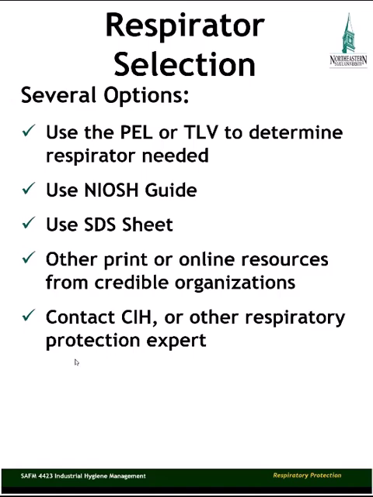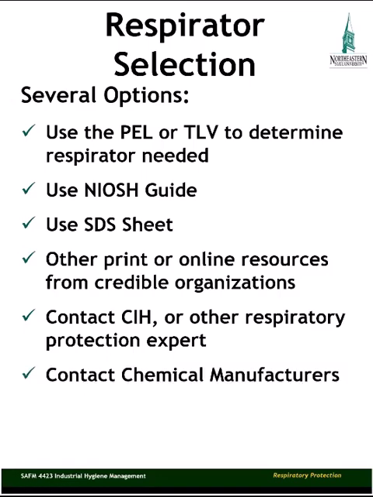So that would be a good person to contact if you can't identify without any doubt the type of respirator you need. Because, in some situations you choose the wrong respirator, you may end up with a seriously ill worker, or even worse, maybe a dead worker. That's what we don't want. We want to make sure we're making the right decisions. So never be too proud to call somebody if you're not sure.